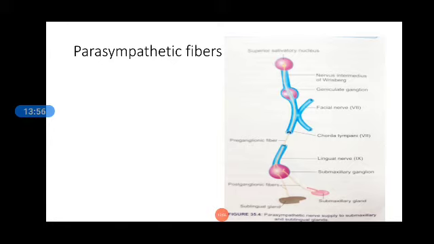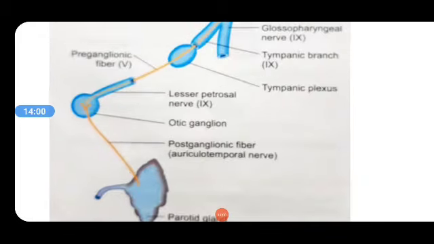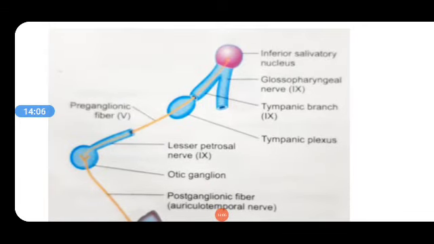Now let us see the parasympathetic nerve supply of the parotid gland. Here also the preganglionic fibers and postganglionic fibers are the same. First let us see the preganglionic fibers. For the parotid gland, they arise from the inferior salivary nucleus.